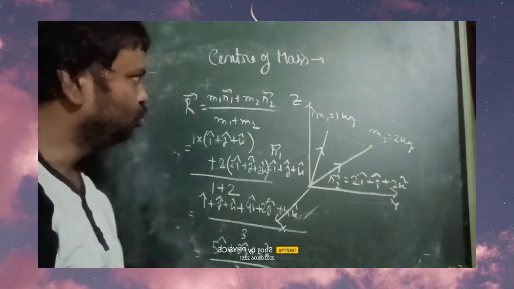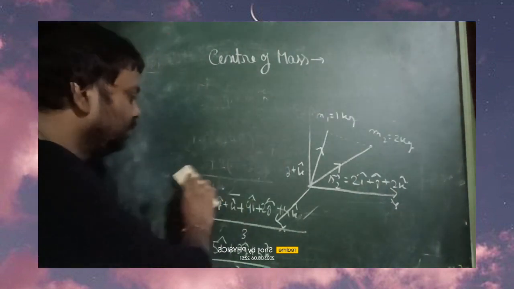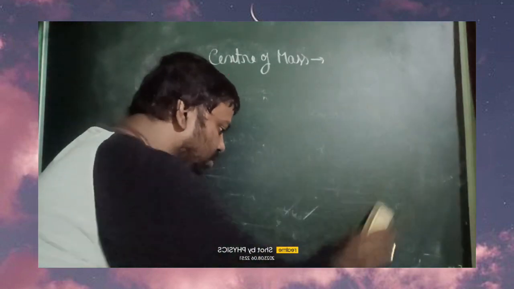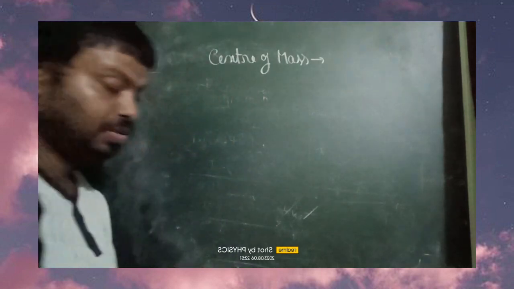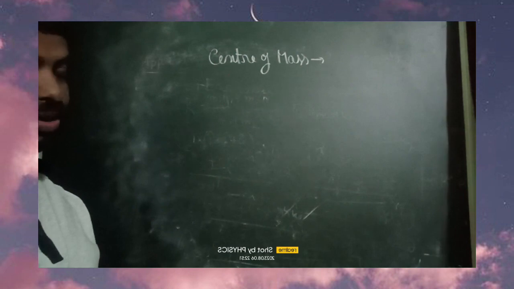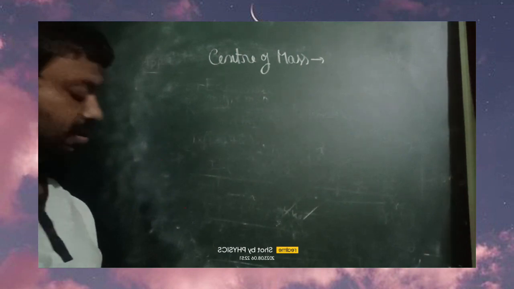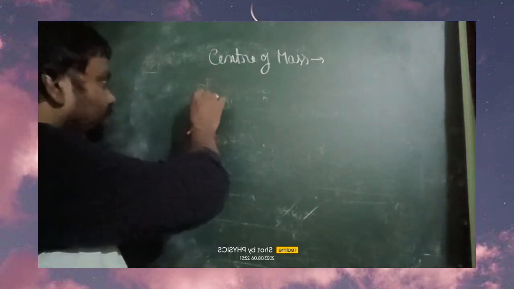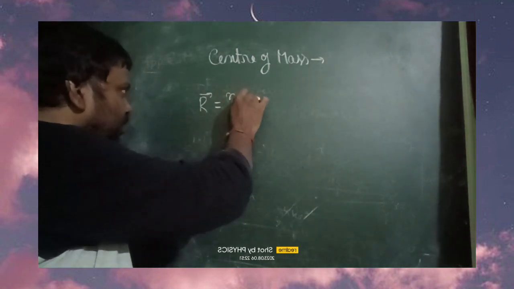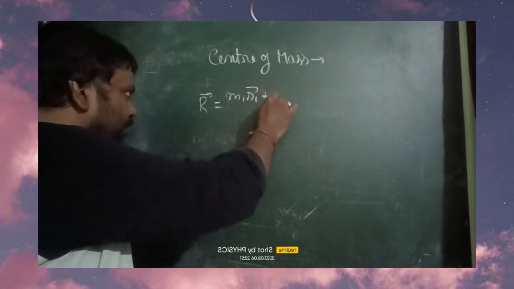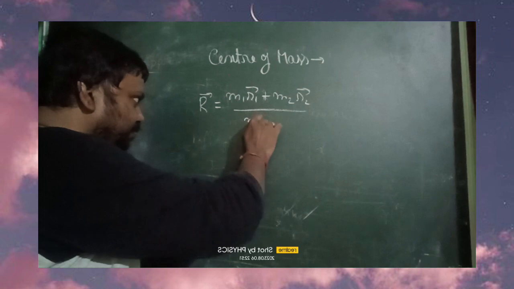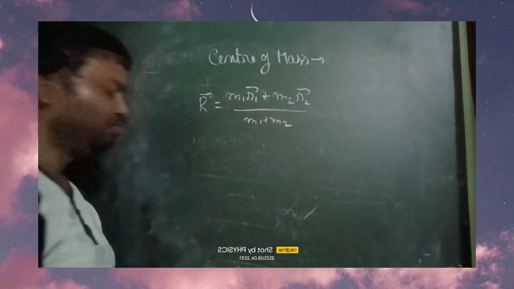Now to move on to another numerical, we'll find some expressions for the x, y and z axes for the center of mass of the body or the system of particles. Now we have the r vector is equal to m1 r1 vector plus m2 r2 vector by m1 plus m2.